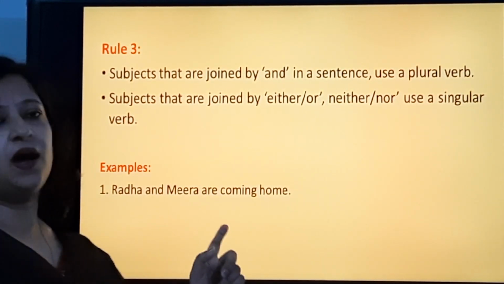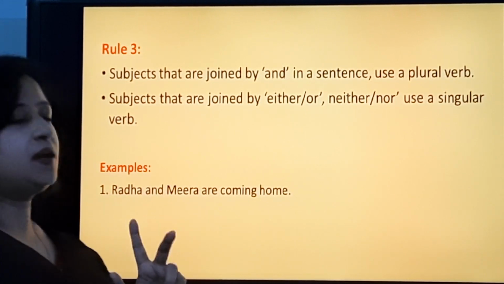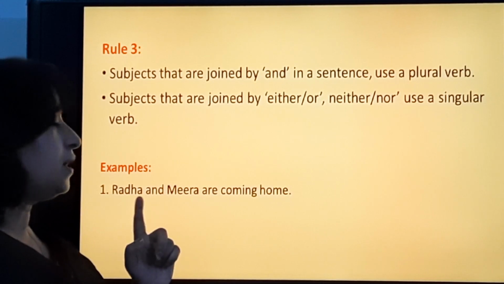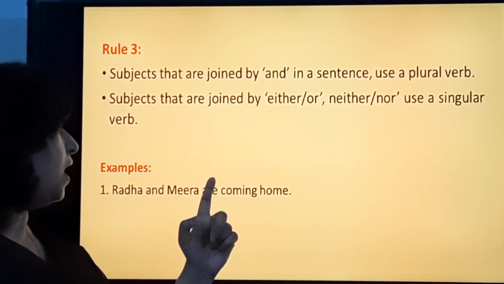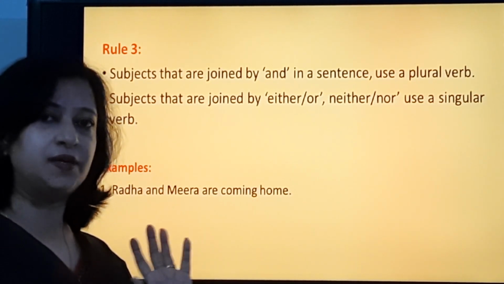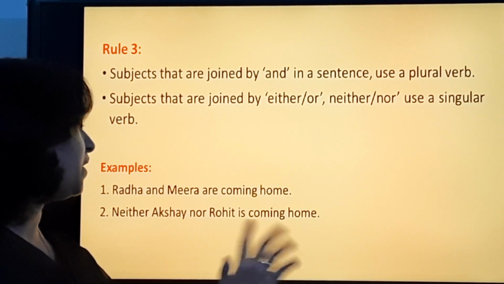Radha and Meera are coming home. You can see there are two subjects, Radha and Meera, and they are connected by the word "and". So, "are" is the plural verb that is used in the sentence according to the subject. Second example, neither Akshay nor Rohit is coming home.